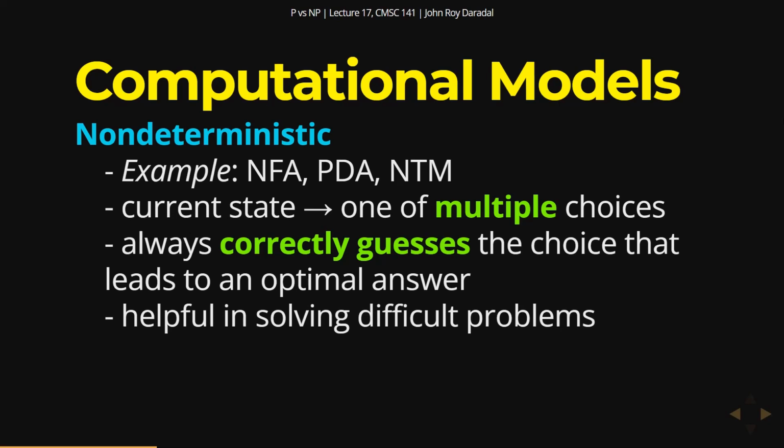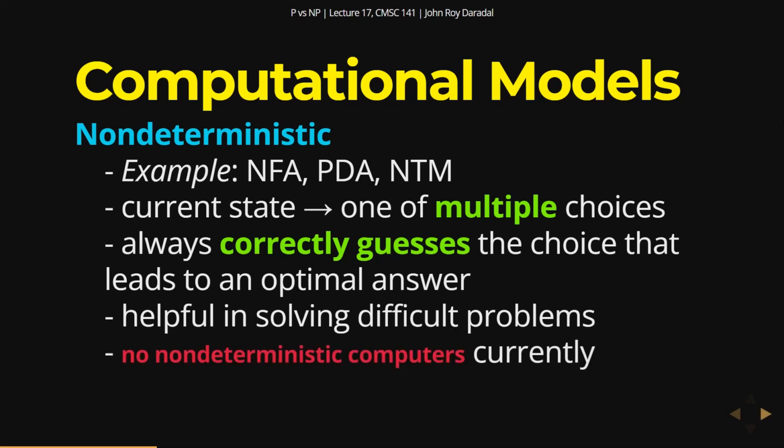And this is very helpful in solving difficult problems, because by always correctly guessing the choice, you can answer the problem quickly, right? The problem is there are no non-deterministic computers currently. Okay, so all of our computers are currently just deterministic computers. So no magic computer that will correctly guess the choice.